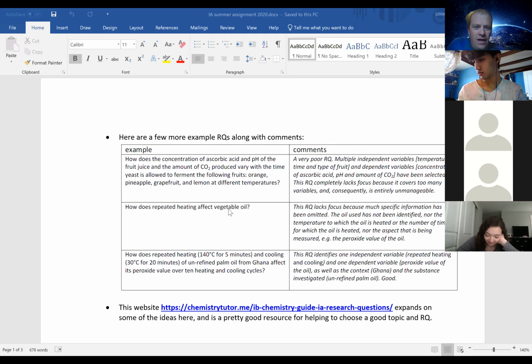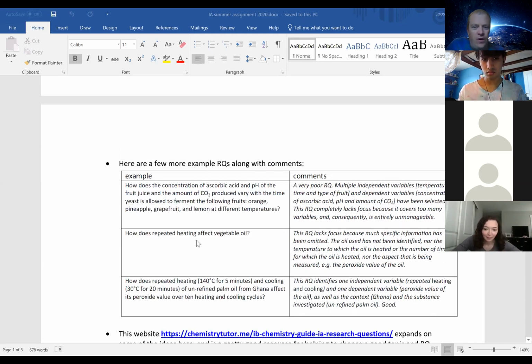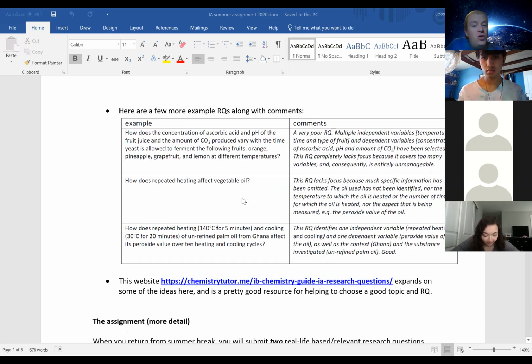How does repeated heating affect vegetable oil? This is better than the first one, I would argue, but it's also problematic because it's not very specific. It doesn't really give much hint as to what's going on in the investigation. So maybe this is a better version of the question.